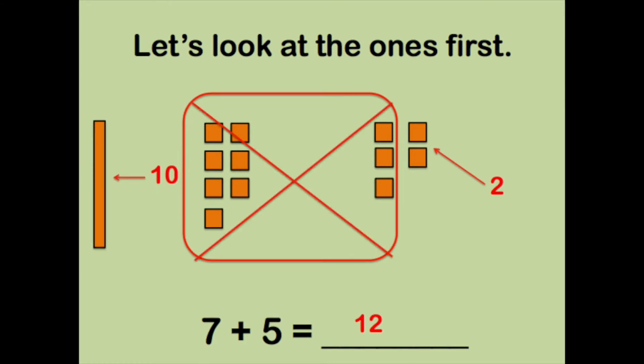Instead of having 10 ones, I am going to regroup them into one group of 10. Remember those 2 extra ones on the side, because in our final sum or answer, we will have a 2 in the ones place.